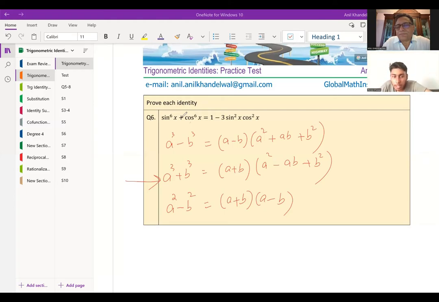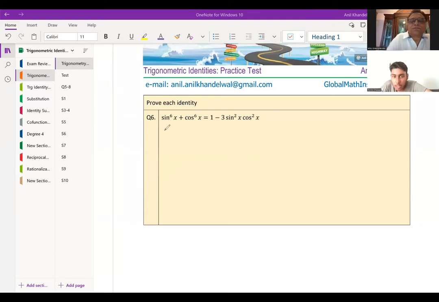So we would plug the a cube plus b cube formula into sine to the power of 6x plus cos to the power of 6x. We'll again begin with the left-hand side, and I want to make it a cube, so I'll write sine square x whole cube plus cos square x whole cube. So it becomes a cube plus b cube, right? Yes, sir.